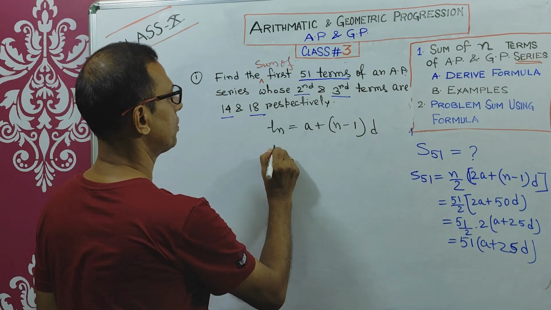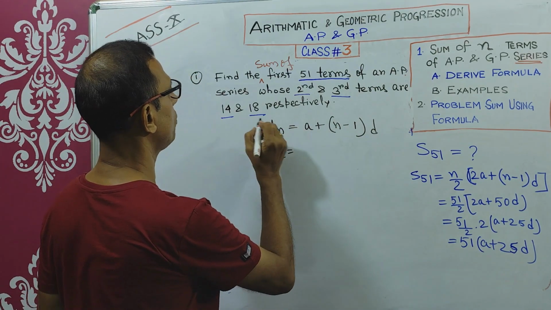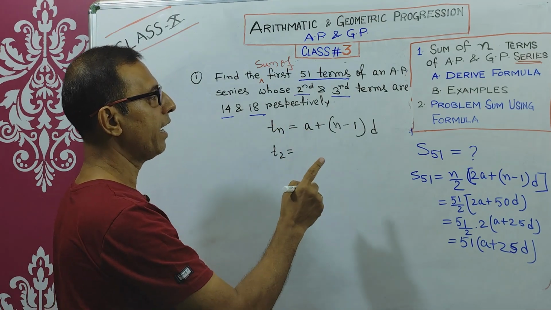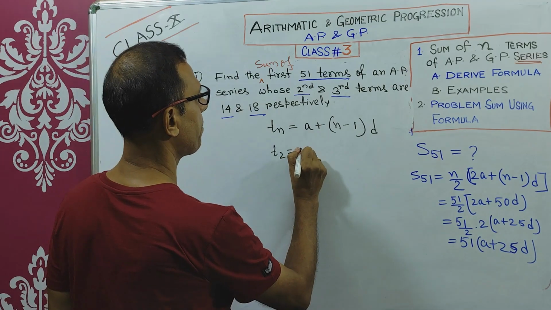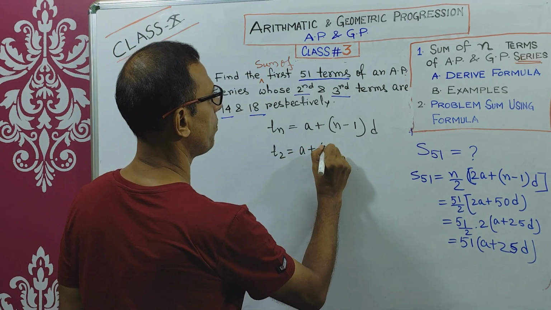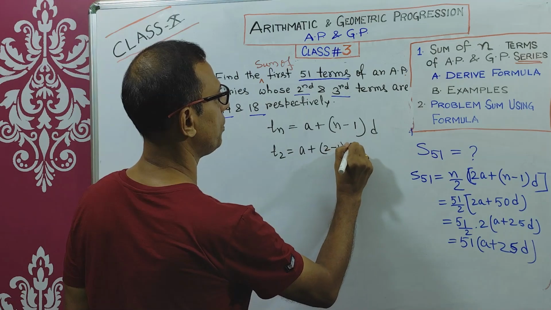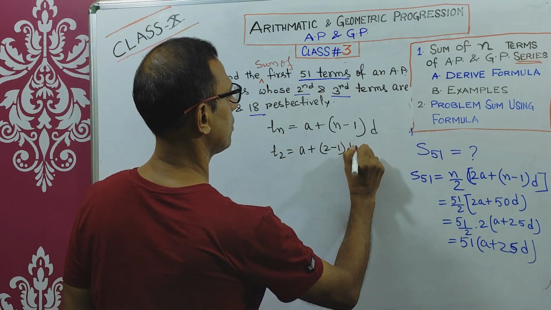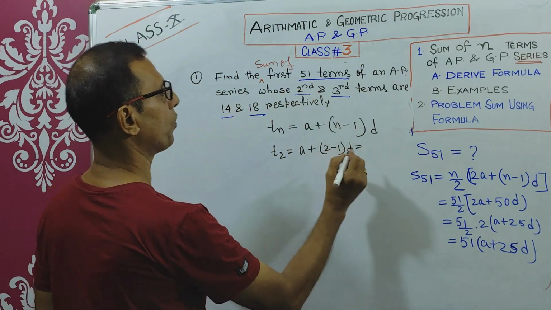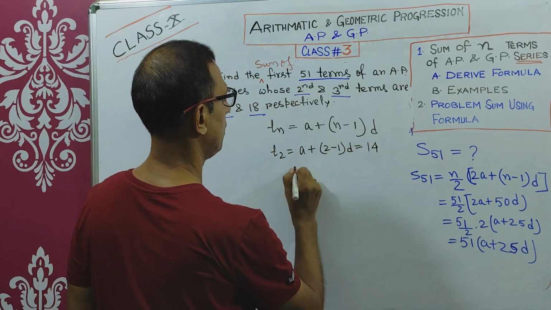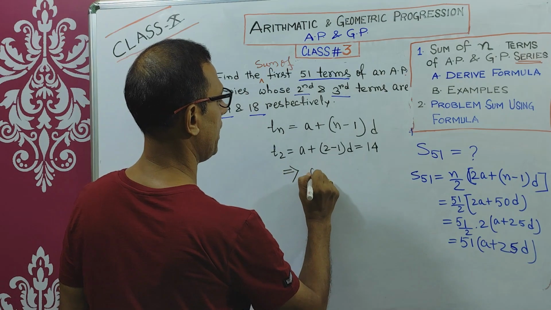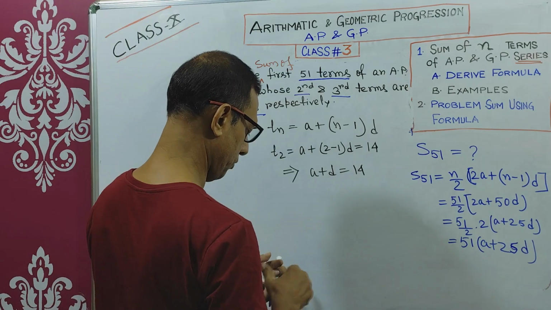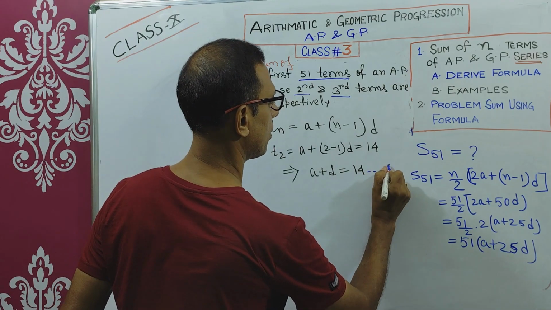So T2, the second term, let's assume the first term is a and the common difference is d. a plus 2 minus 1 into d equals, what is the second term? 14. Therefore, a plus d equals 14. This is equation number 1.